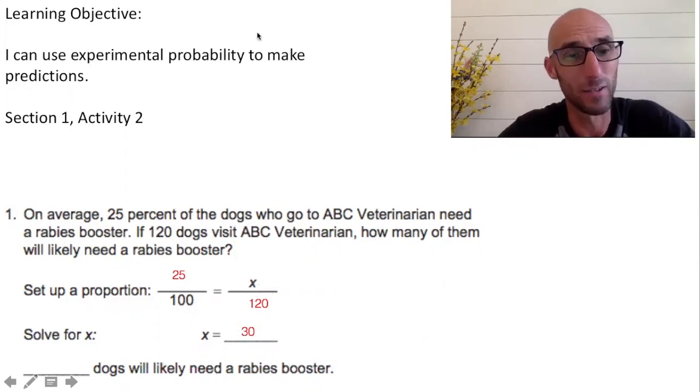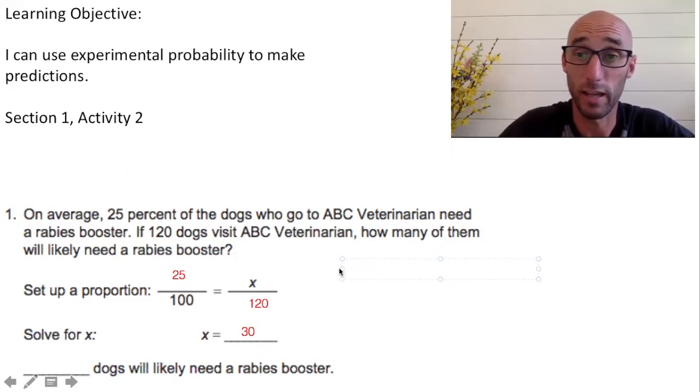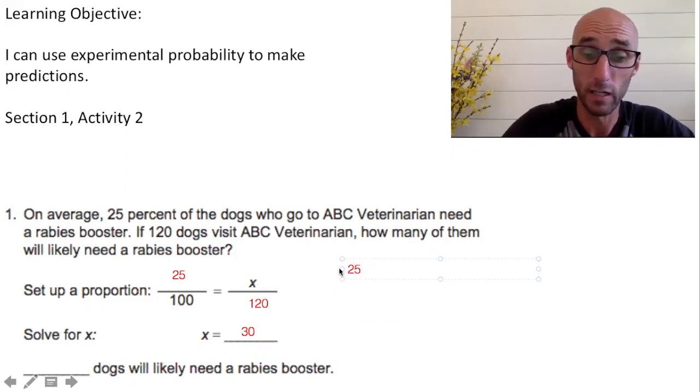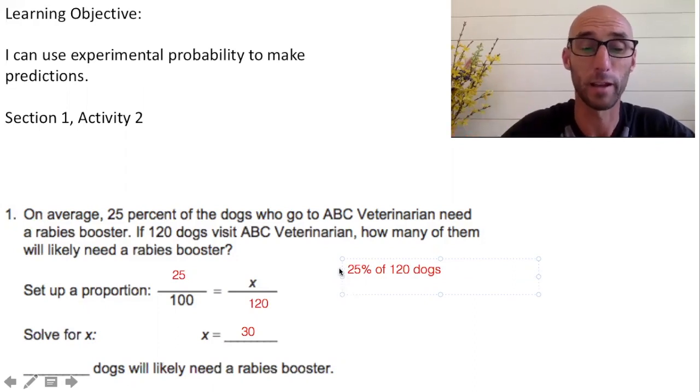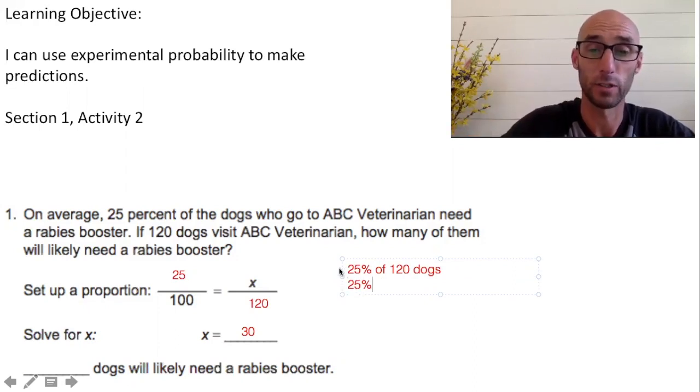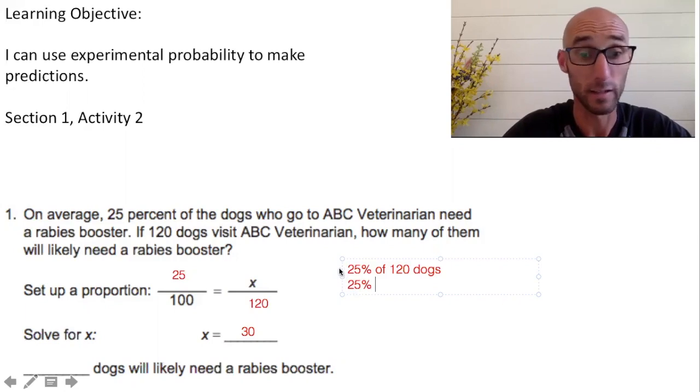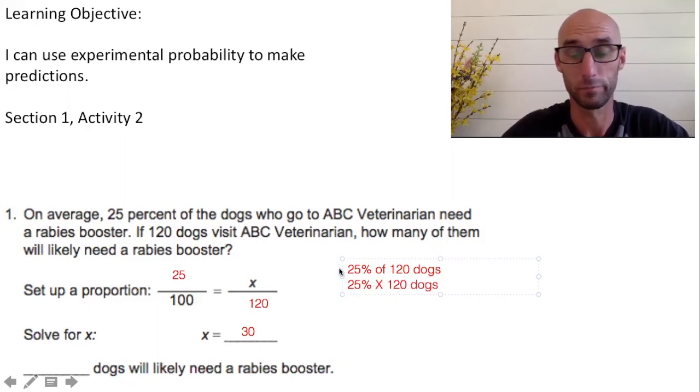I kind of like to do this a little differently than a proportion. Essentially, what the question is asking us to do is find 25% of 120 dogs. Well, if you recall in mathematics, 25% of means times 120 dogs.